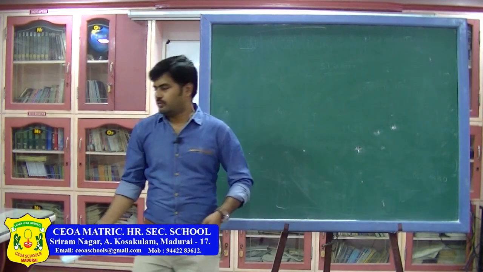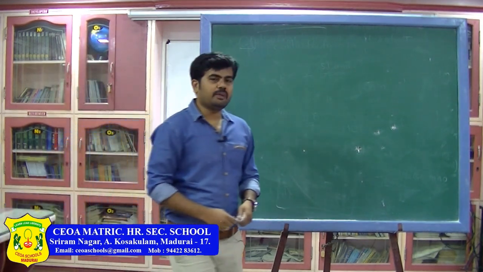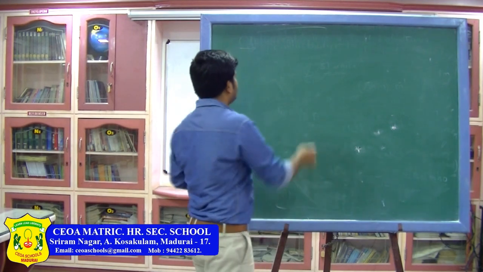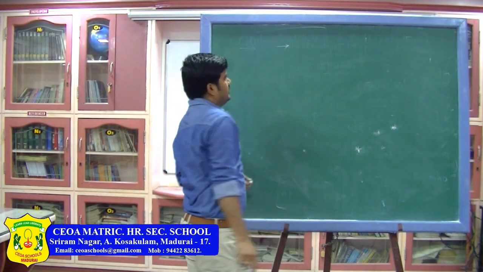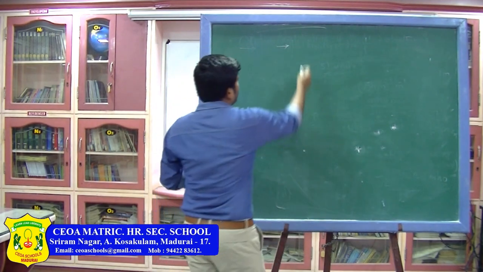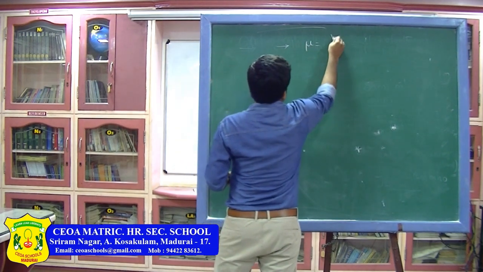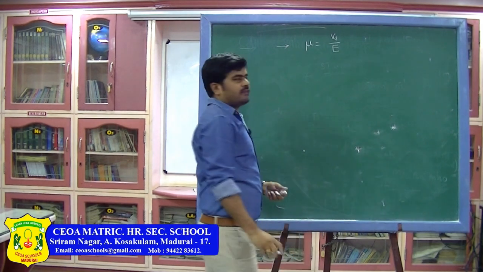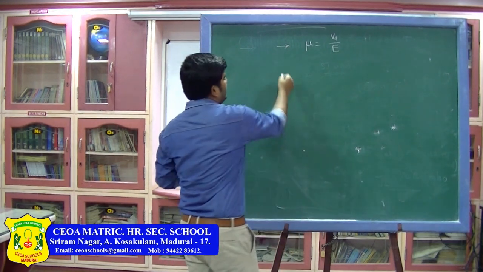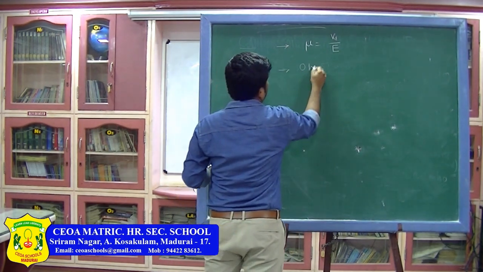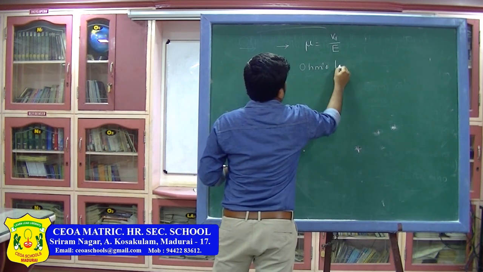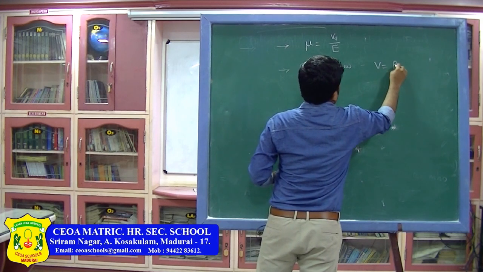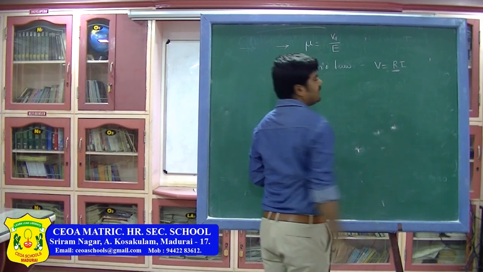So, that is it for today's concept, and let me revise what we discussed so far in today's class. First we started with the mobility definition: mu is equal to the ratio of drift velocity to the applied electric field. Then we discussed the concept of Ohm's law, that is V is equal to R into I, where R is electrical resistance.